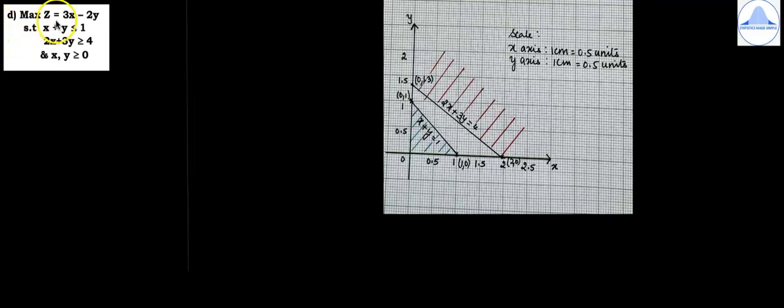Subdivision D, maximize z equal to 3x minus 2y subject to x plus y less than or equal to 1, 2x plus 3y greater than or equal to 4 and x comma y greater than or equal to 0. So step 1, convert inequalities to equalities.